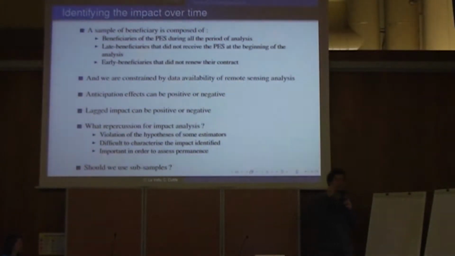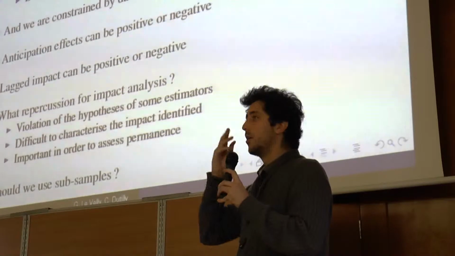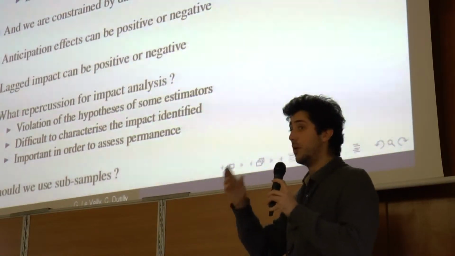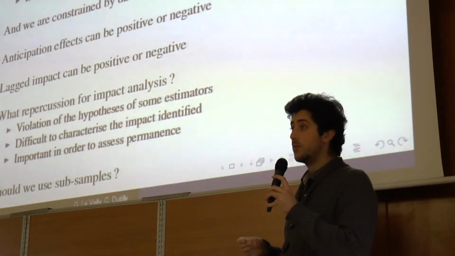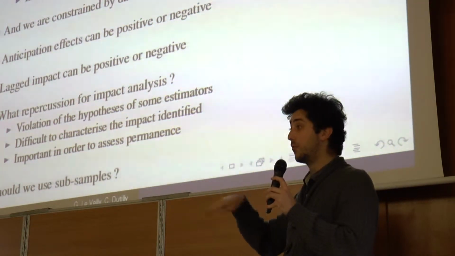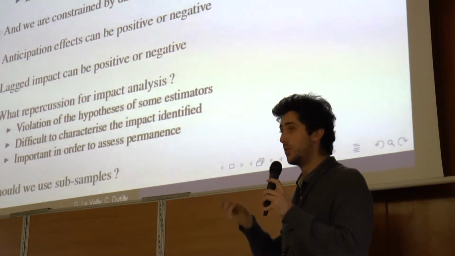It leads us to some kind of identification problem, which is mainly due to anticipation effects and lagged impact. Anticipation effects can be positive, because landowners might be willing to send signals, so they might reduce deforestation right before entering the program in order to send signals to the authorities.